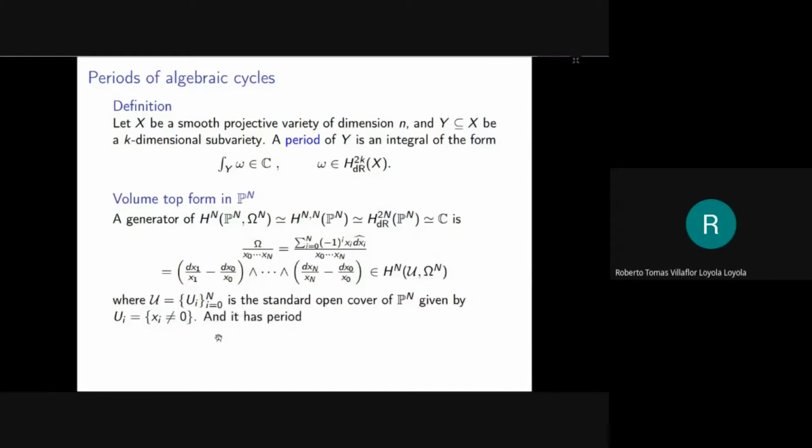So this is an example of a generator of a top form. So it will be a form omega living in the 2n-th cohomology group of Pn, and we can compute its period. So its period is just given by this formula, essentially a sign times (2 pi i) to the power 2n.